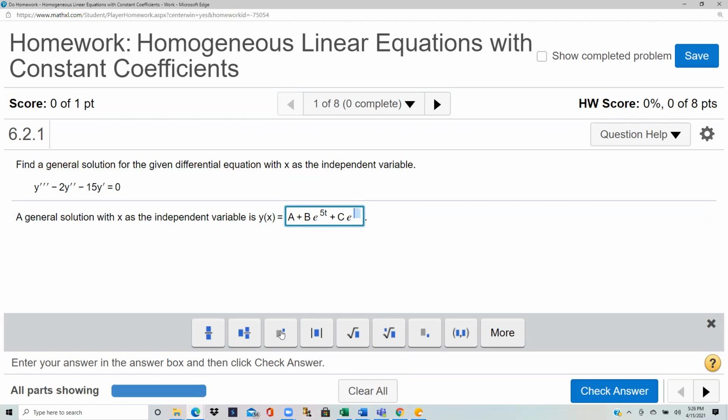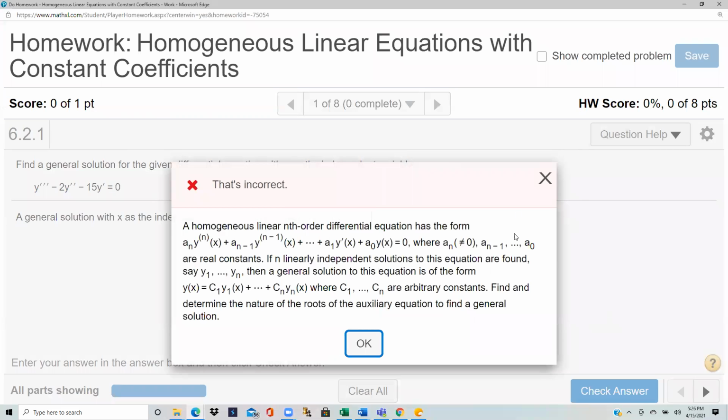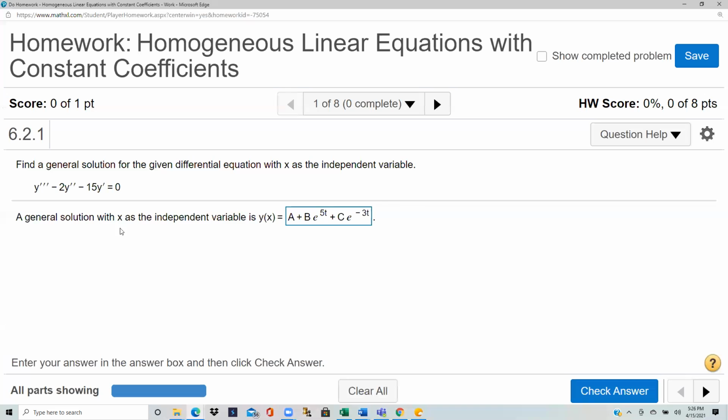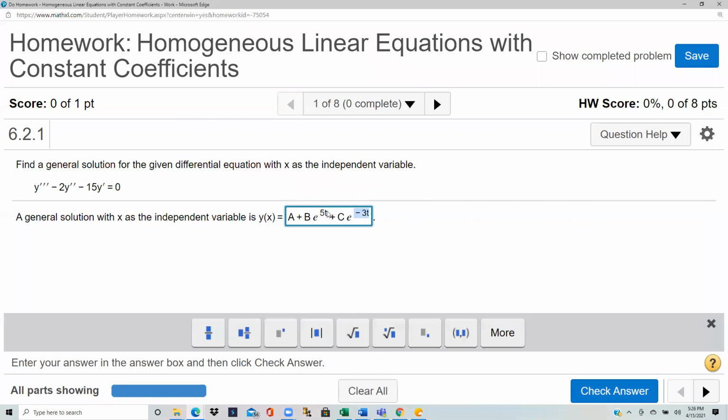C e^(-3t). Oh, they say x is the independent variable. So not t. Previously, mostly we were dealing with t as the independent variable, but here x is the independent variable. Okay.